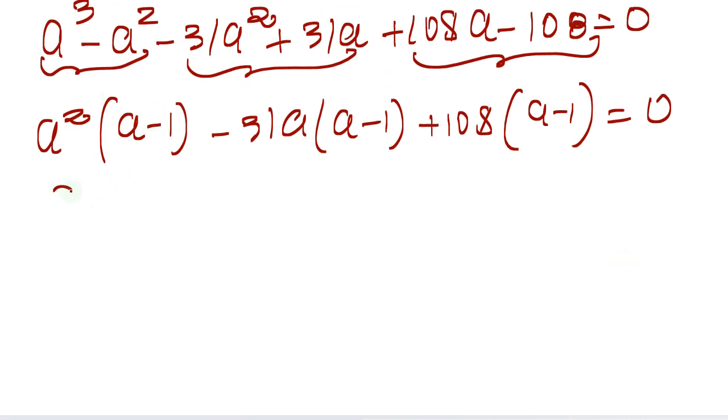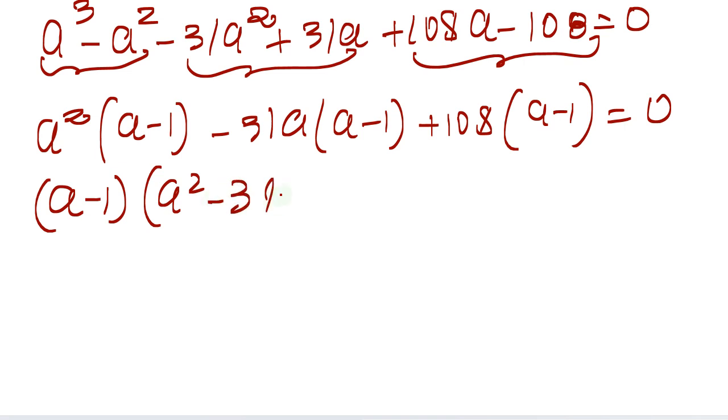And then we have a minus 1, which multiplies a squared minus 31a plus 108, and this is equal 0.